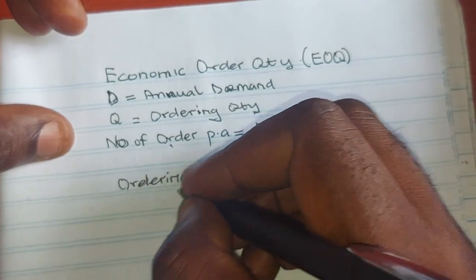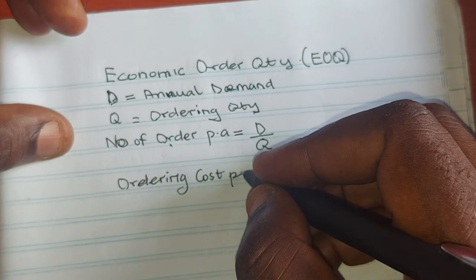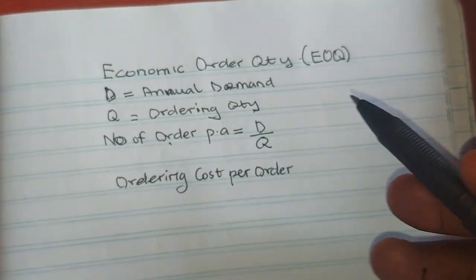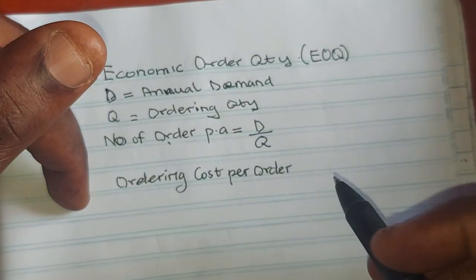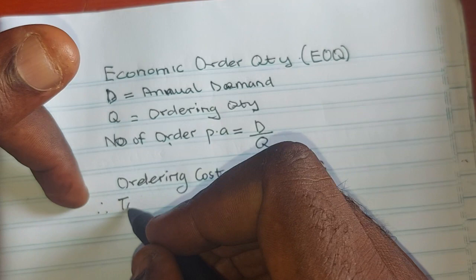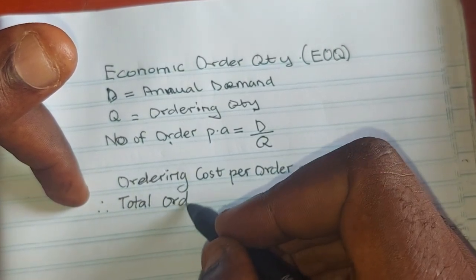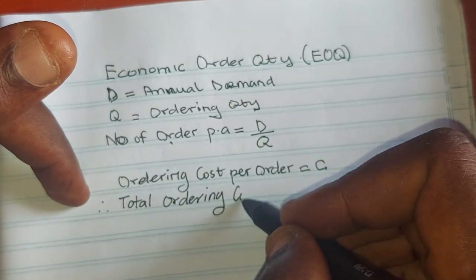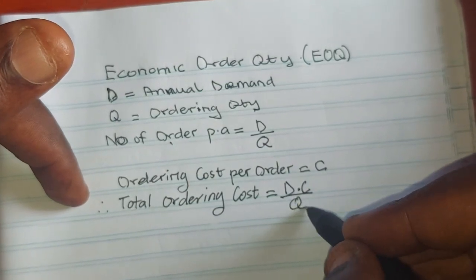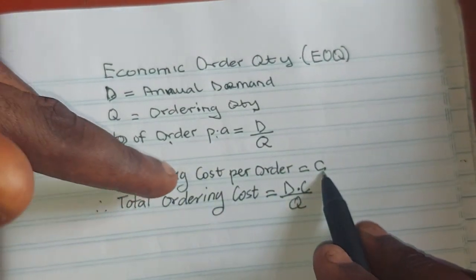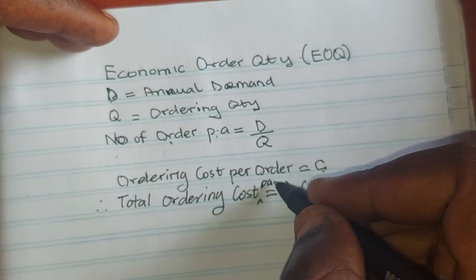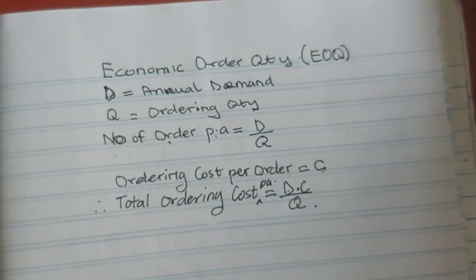Ordering cost per order, that is, for every order bought from the annual demand, the company incurs cost, so we call it ordering cost, and let that be represented by C. Therefore our total ordering cost is nothing but DC all over Q. That's the number of orders multiplied by the ordering cost per order, which will give us the total ordering costs per annum.